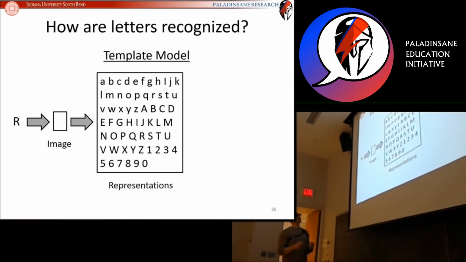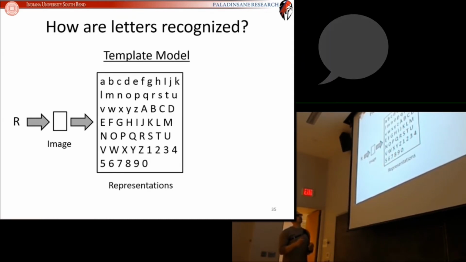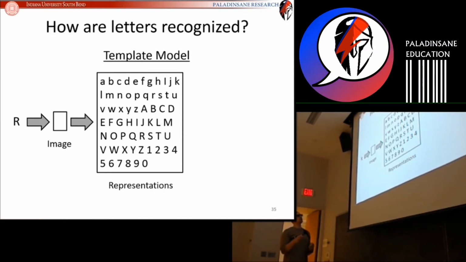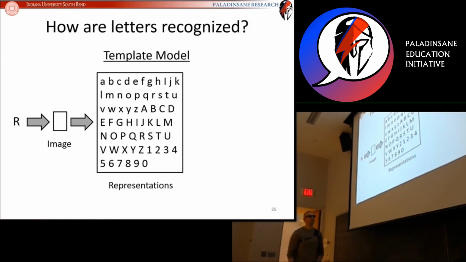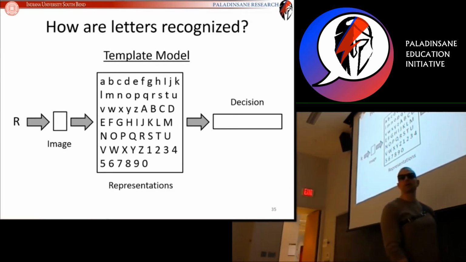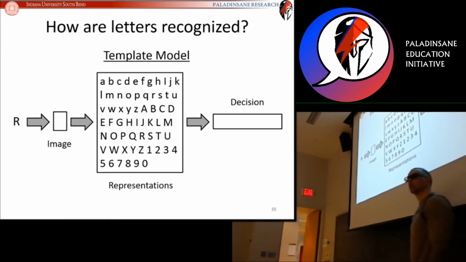This template has a list of all the different letters and numbers, capital and small letters, that you can recognize. So this is your internal storage of representations, and then it will output whether or not you recognized what you were looking at.